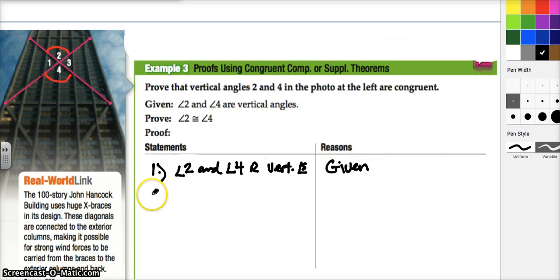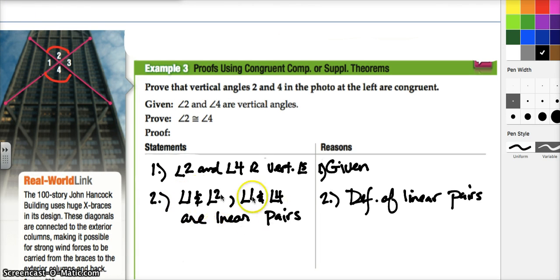The next bit of information I want to talk about is the fact that when I have these two angles here, angles 1 and 2 and angles 1 and 4 are linear pairs, right? Let's write that down. Okay, so these guys are linear pairs, and that's by definition of linear pairs.